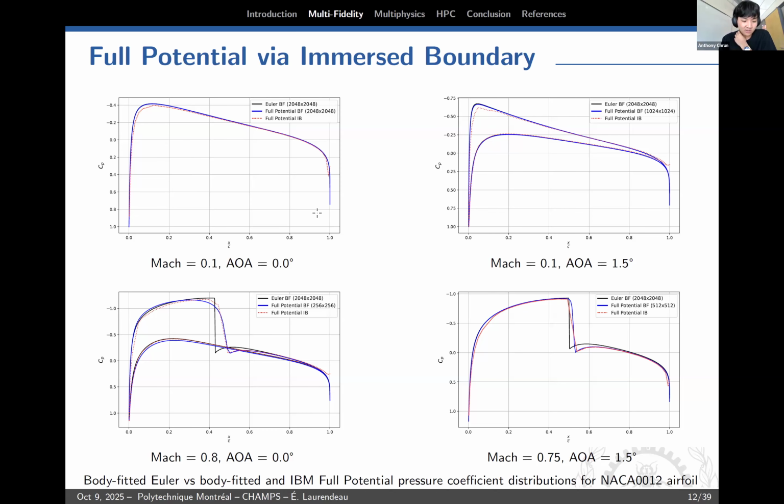We can see that the shock position and the shock strength is different for the full potential, and that's due to the isentropic assumption of the model. And then if we compare the body-fitted method against the IBM method, we can see that the IBM method yields oscillations near the trailing edge and a reduced smoothness. And this is most likely due to a mesh size that is a bit too coarse for the IBM method.